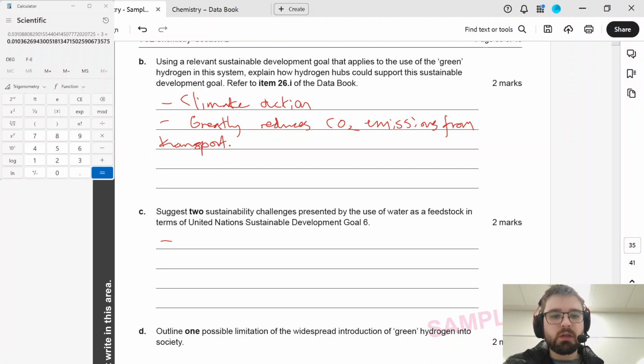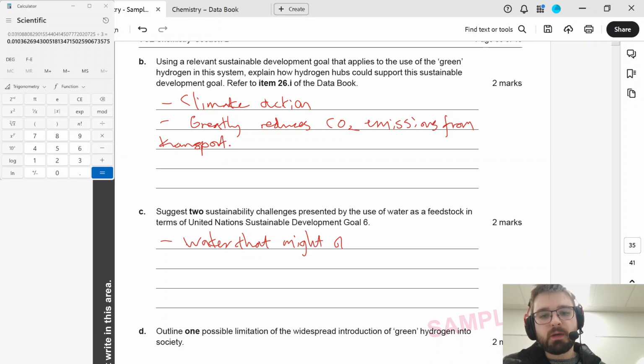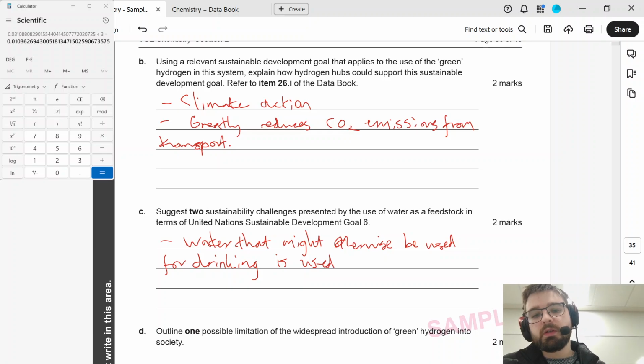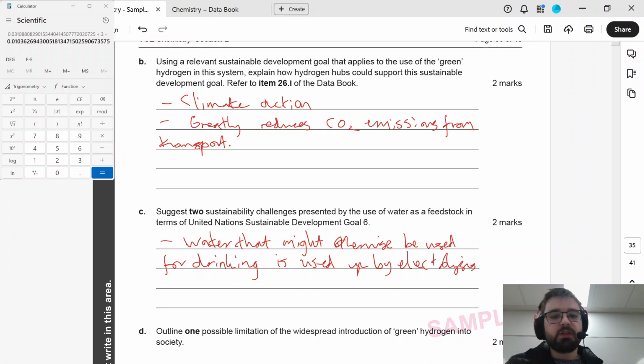So water that might otherwise be used for drinking is used up by electrolysis.